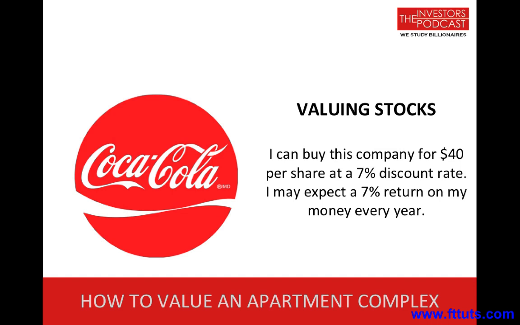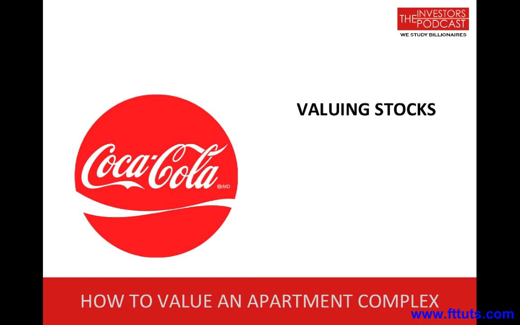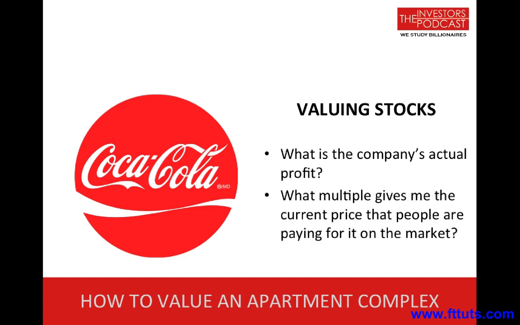So you can see how the math on this works and how you can apply it to the stock market by just trying to figure out what is the actual profit that the company's producing, and then what multiple gives me the current price that people are paying for it on the market, and then the yield that's associated with that will tell me what I could expect to get annually by buying it at that price.